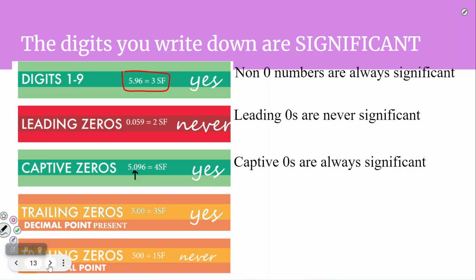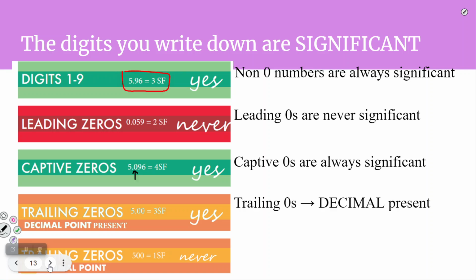So what leads you to say that there was no measurement at that 0? That 0 is measured, so thereby it is significant. So in this case, we'll have 4 significant figures. So really you can just remember the captive 0 rule, or you can remember the whole intent of counting significant figures: is that 0 taking part in a reported measurement? In this case, it is. So we have 4 significant figures here in 5.096.